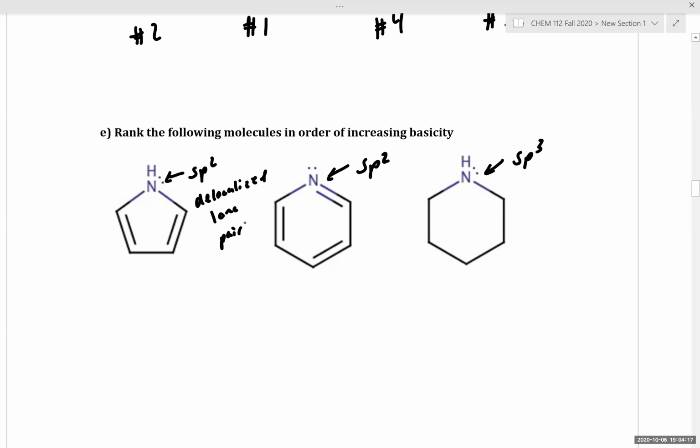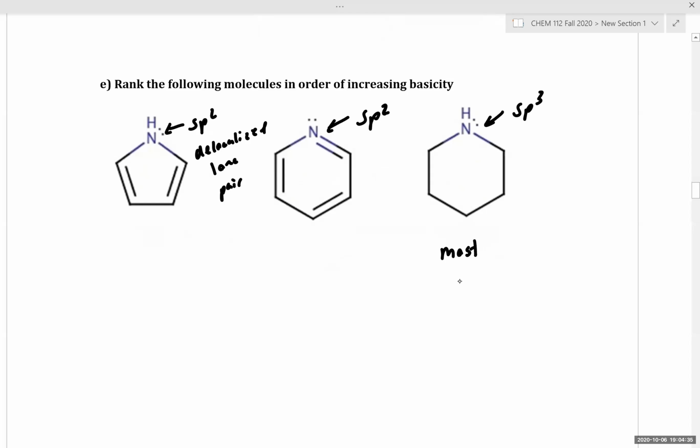So in general, the more localized and higher energy our lone pair, the more basic our nitrogen lone pair will be. Since the sp3 lone pair is the highest in energy and the most localized lone pair, this first compound will be our most basic.